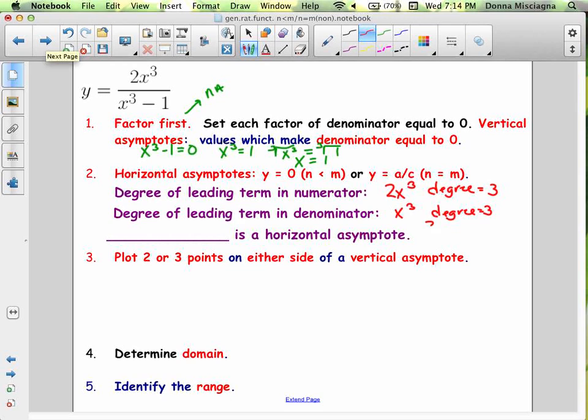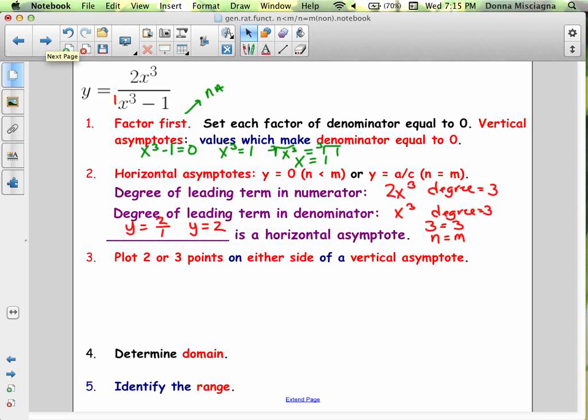So, of course, 3 equals 3, so the numerator and the denominator are the same degree, so it's going to be the ratio of the coefficients. So that's understood to be 1. So the horizontal asymptote will be 2 divided by 1, which is 2. So we have 1 vertical asymptote at x equals 1, 1 horizontal asymptote at y equals 2.